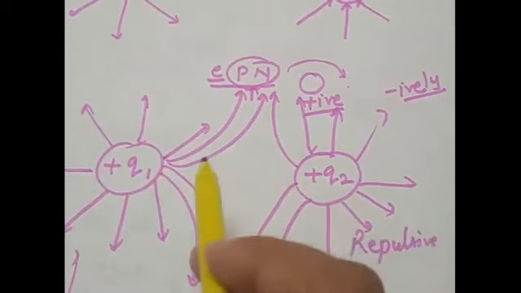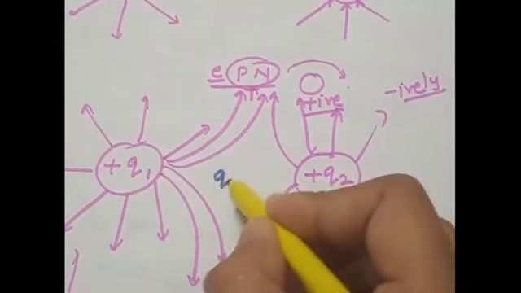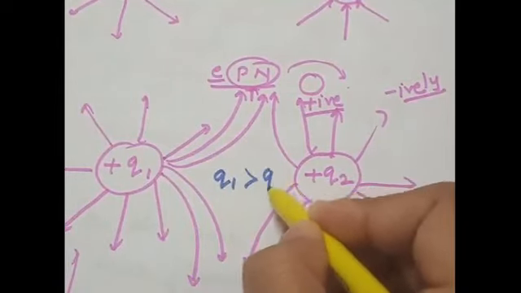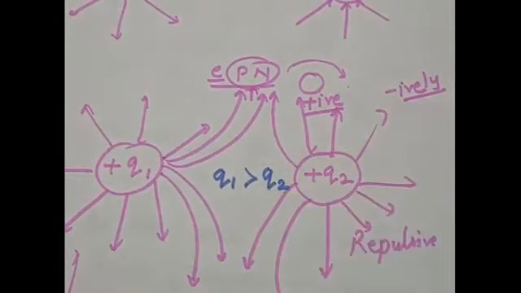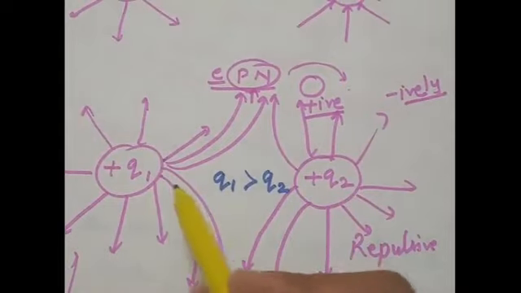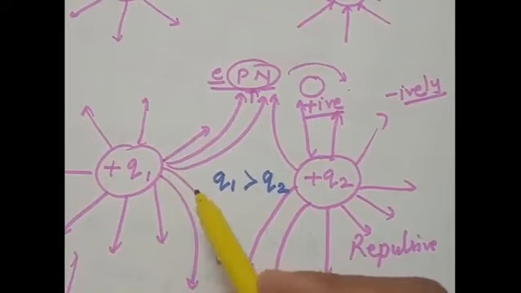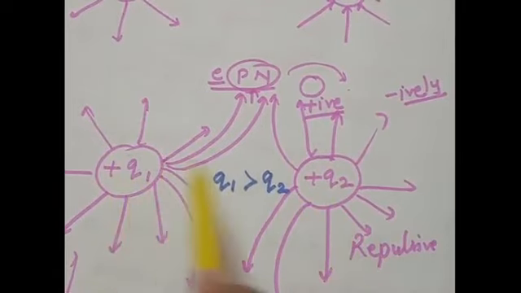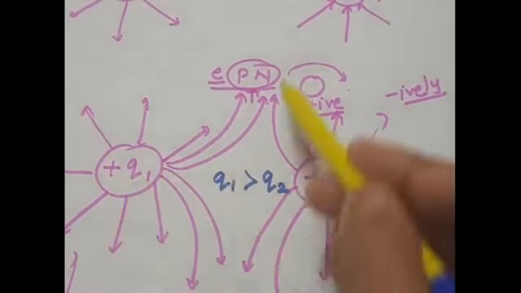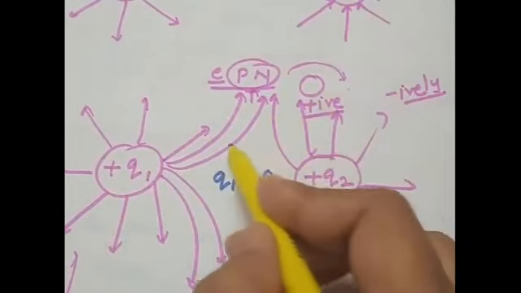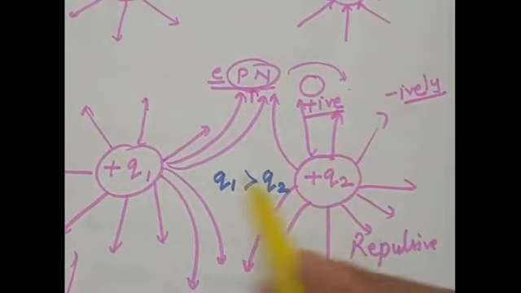For example, here you can see Q1 seems to be greater than Q2. Although they are positive in nature, more repulsion is applied by Q1 on Q2. So the repulsion is more on Q2 because of Q1.